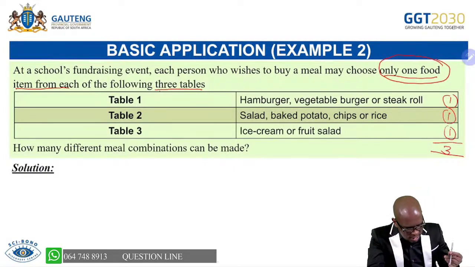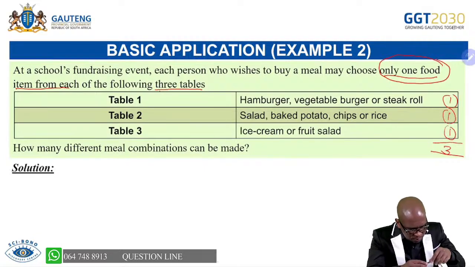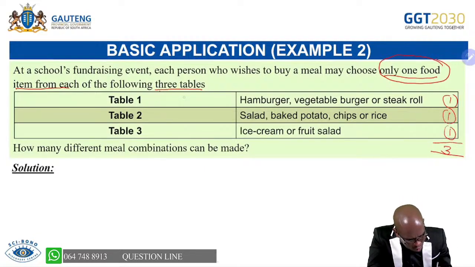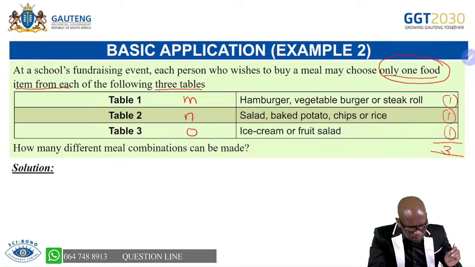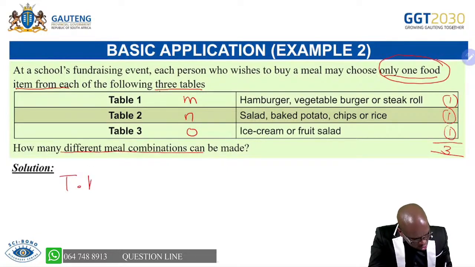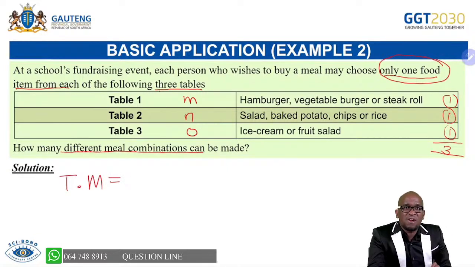Now, let's check here. Let's say table 1 is M, table 2 is N, table 3 is O. So the total number of different meal combinations, the total meals here, should be given by what?